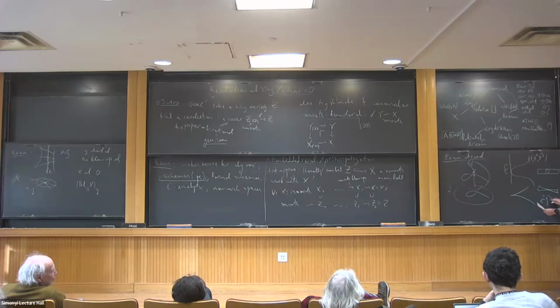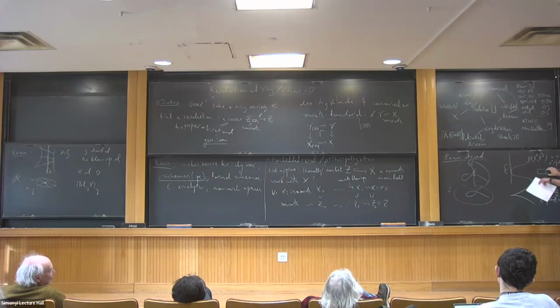And here we'll have x prime squared plus y prime squared minus 1 equals 0, or equal 1. And in this case, the exceptional divisor sits inside our transform of Z. So the exceptional divisor sits inside Z itself.